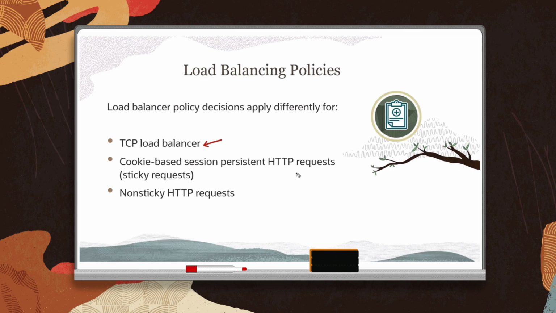In case of sticky request, it will forward the request to the backend server based on the cookie session information. And in case of non-sticky HTTP requests, it is going to consider both the policy and the weight criteria. And in this case, the incoming request can be sent to different servers at different times.